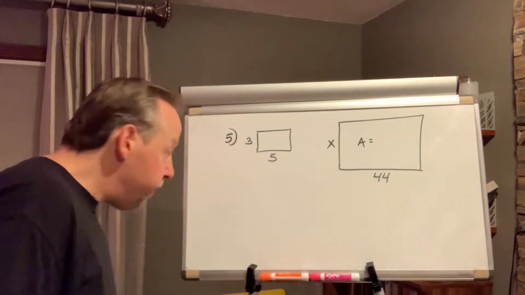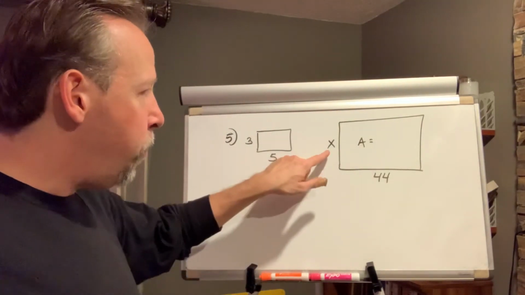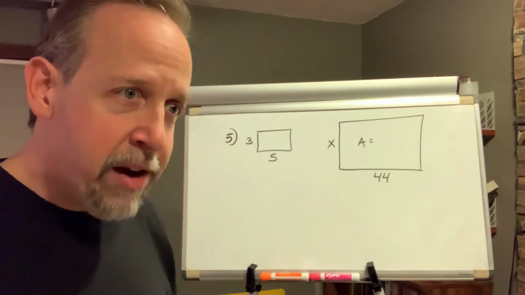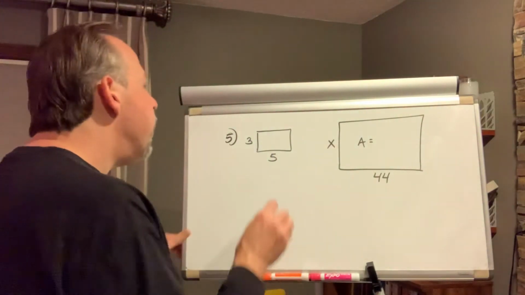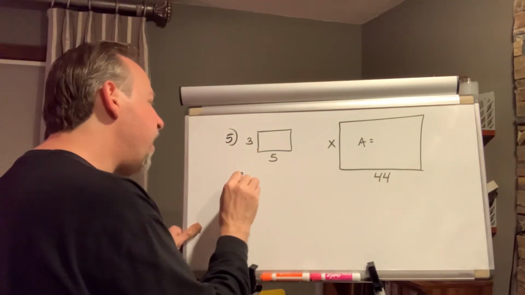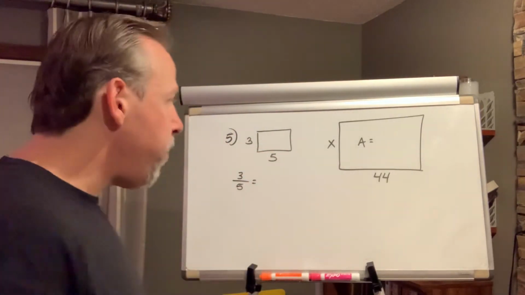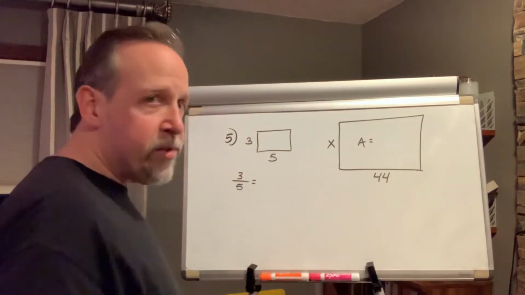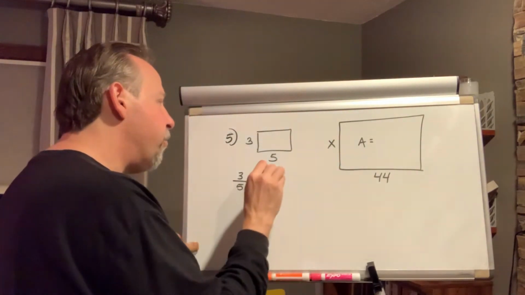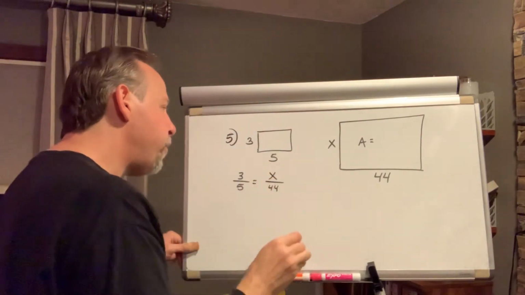Well, what we're going to do first is create a proportion to figure out what the width is. To find the area, we have to multiply length and width to find the area of a rectangle. So what you can do is say 3 over 5, which is the width over the length of the model, is going to be proportional, because scale models are always proportional to the width of the real room, which is x, and the length of the real room, which is 44.